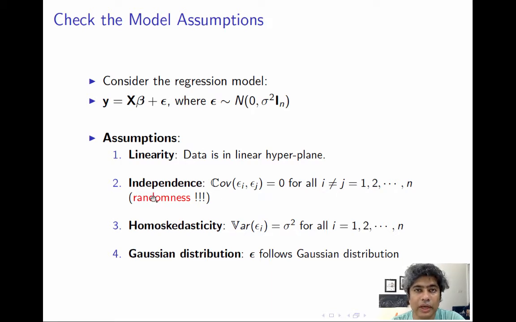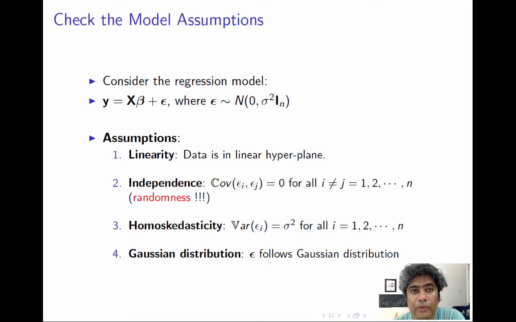We want to check the randomness, typically for cross-sectional data. For cross-sectional data, we implement the standard linear regression models, and in the standard cross-sectional models, if you draw your samples using a simple random sample with replacement kind of design, then you can assume some kind of randomness is there.